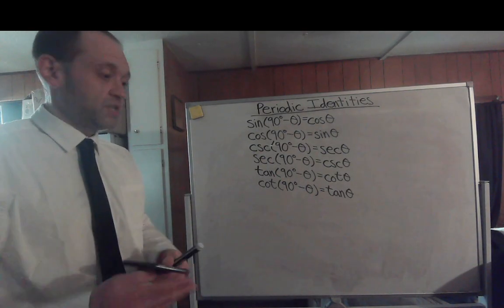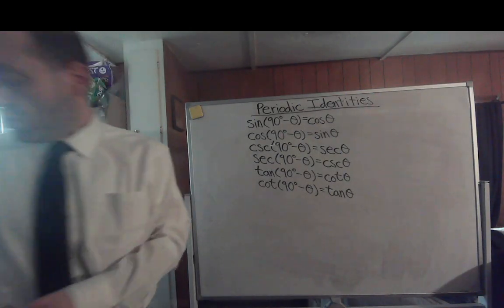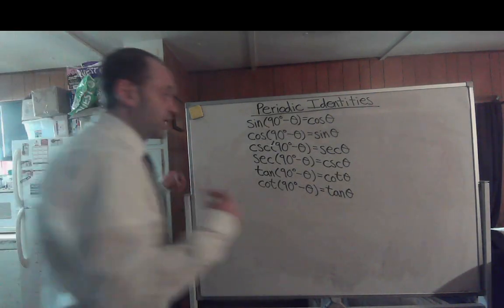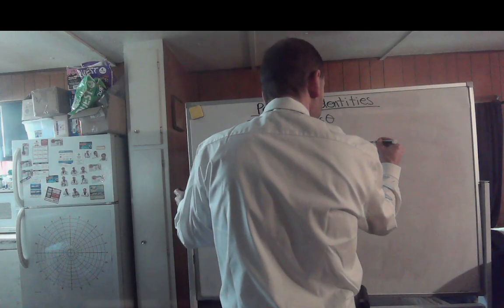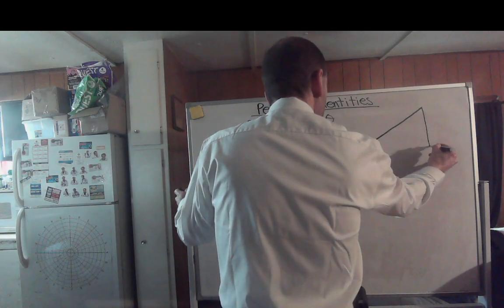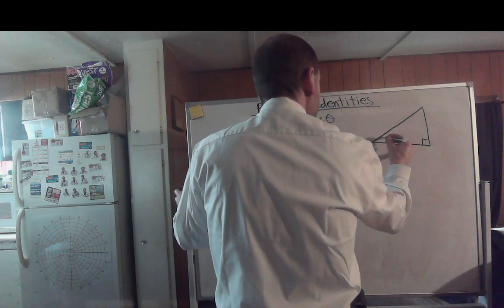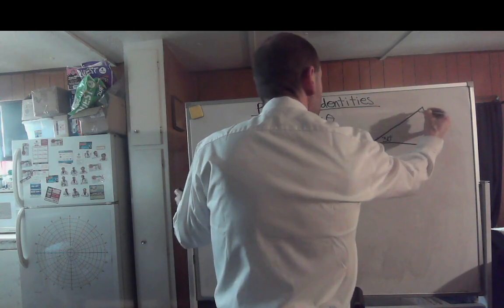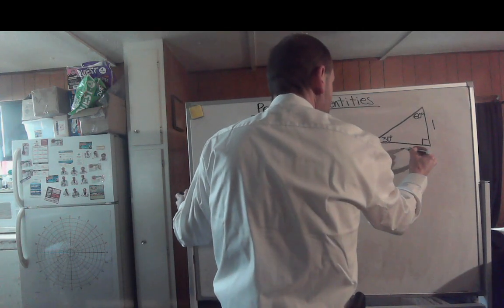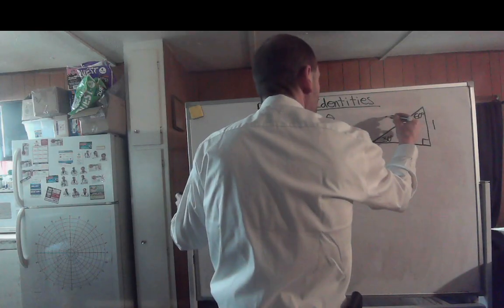I'm going to prove it to you with a 30, 60, 90 right triangle. So let's set up our 30, 60, 90 right triangle. So 30, and again, it doesn't matter what angle, but it's probably easiest to demonstrate with a 30, 60, 90 right triangle.